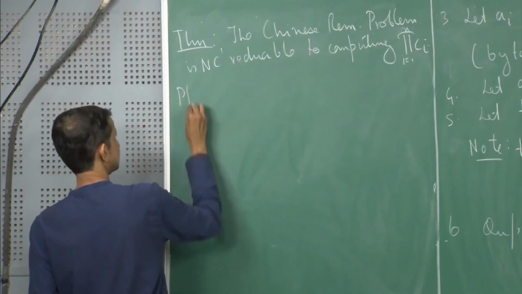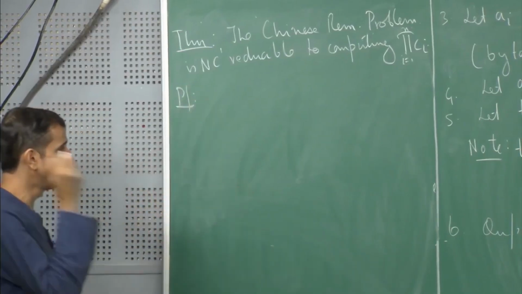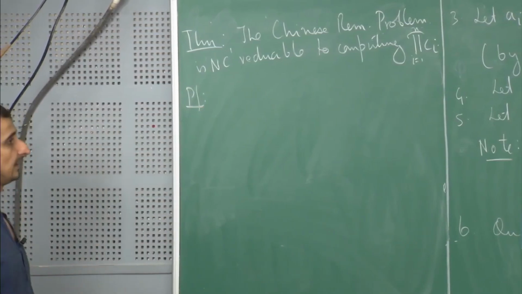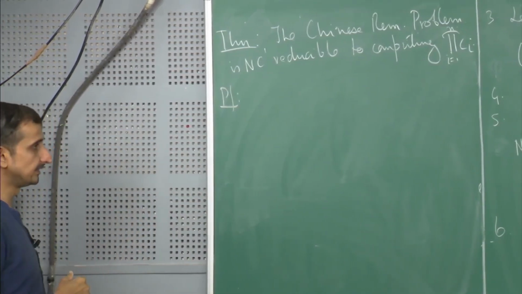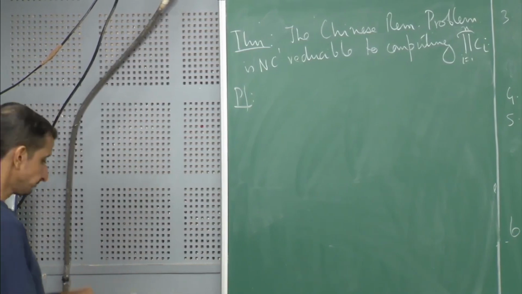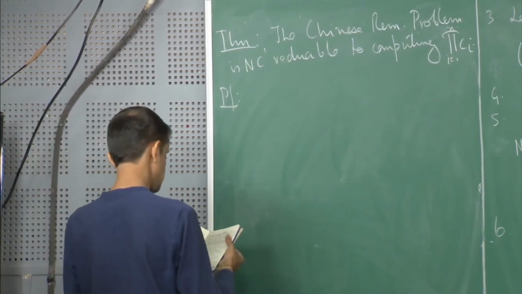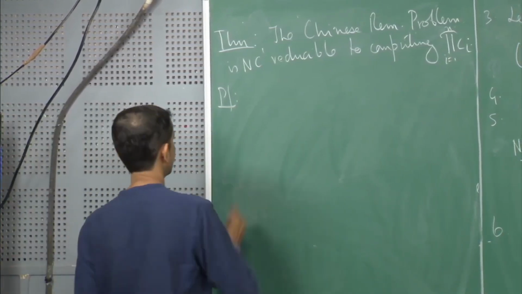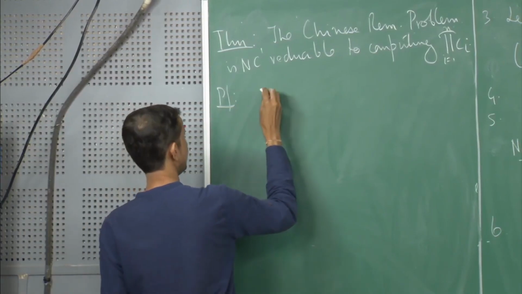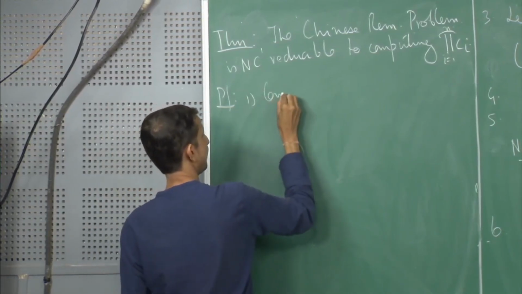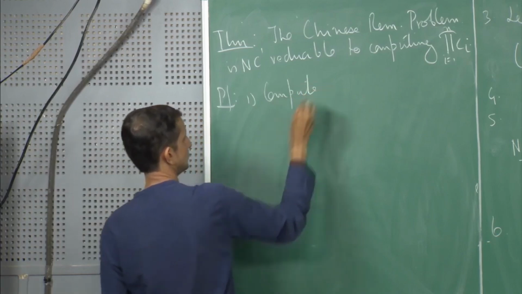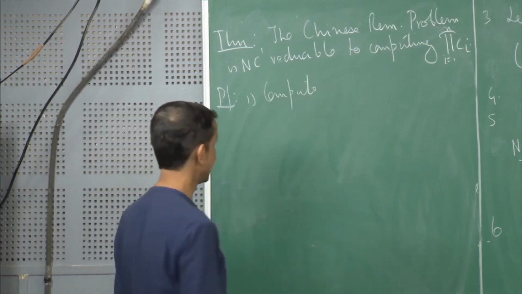So the proof is somewhat similar to what we saw earlier. So again, we will basically be operating in this multiplicative ring. Okay, so what we do is, first we are given all these Ci's.